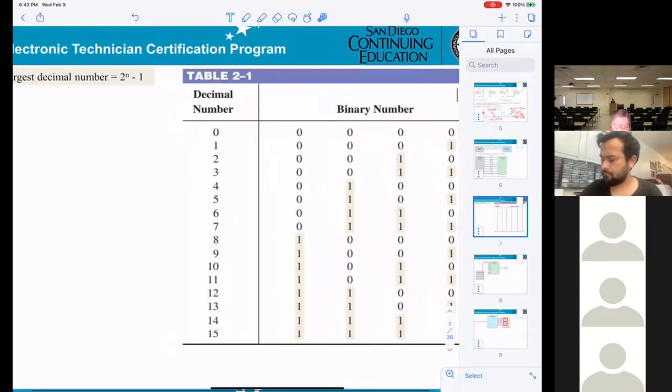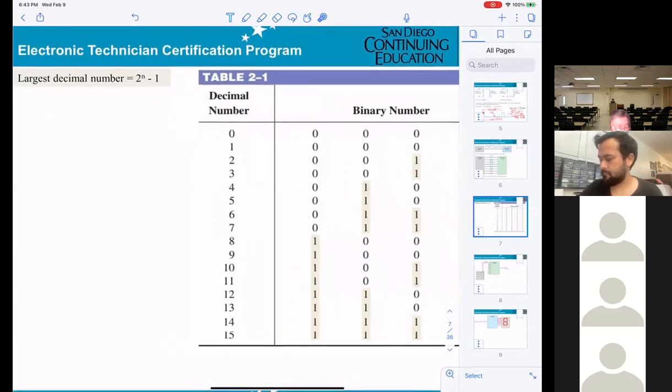So they say here, the largest decimal number equals 2 to the power of n minus 1. n will be the number of bits.